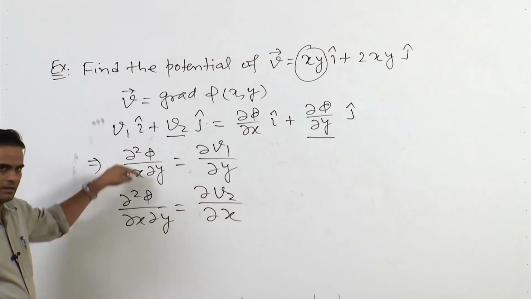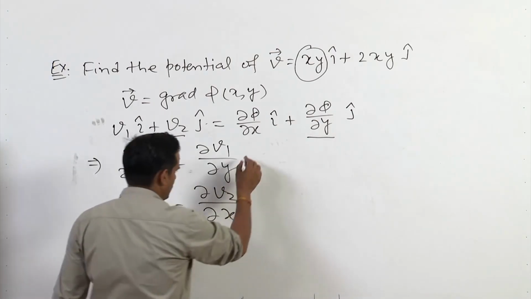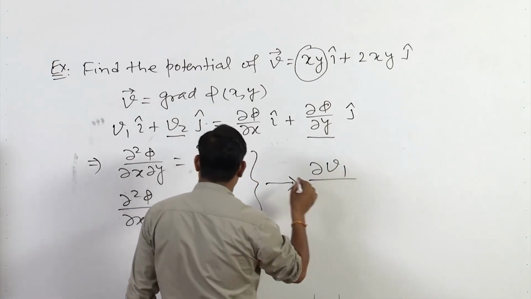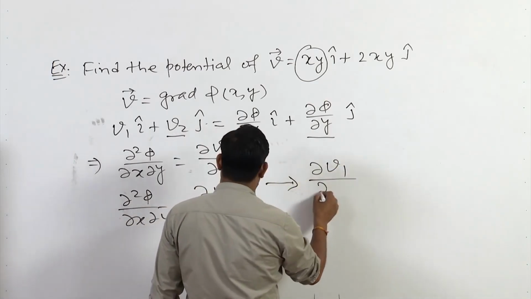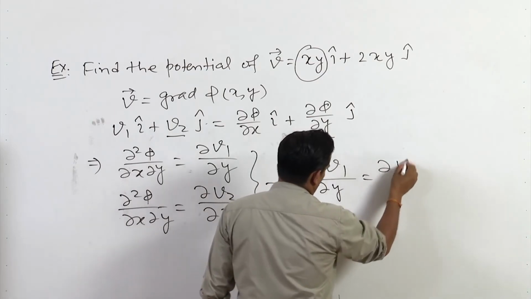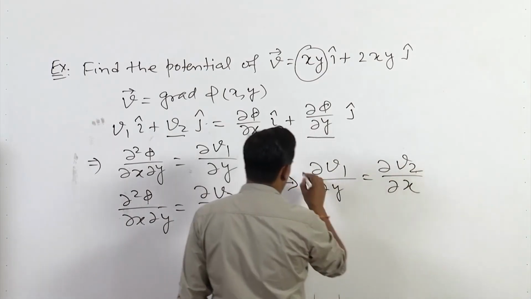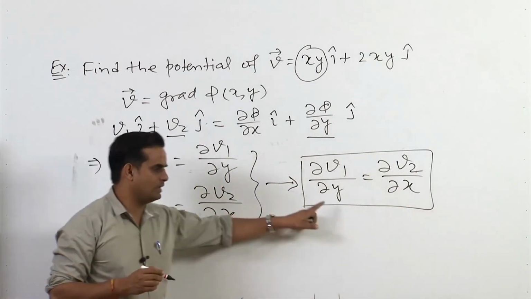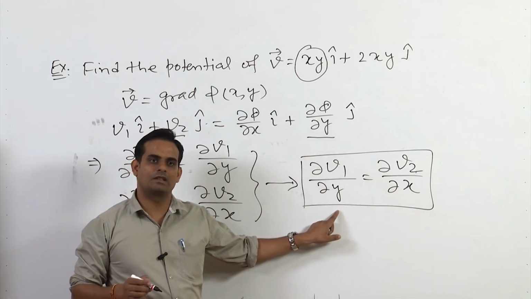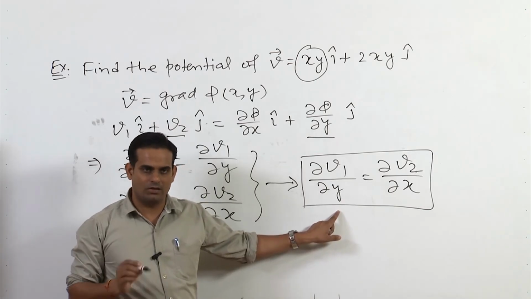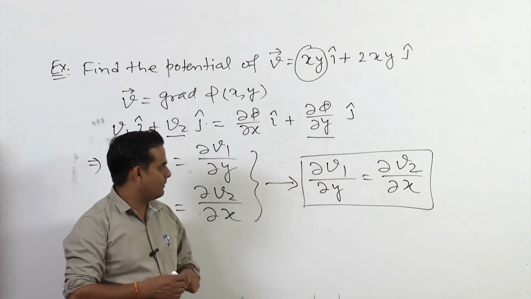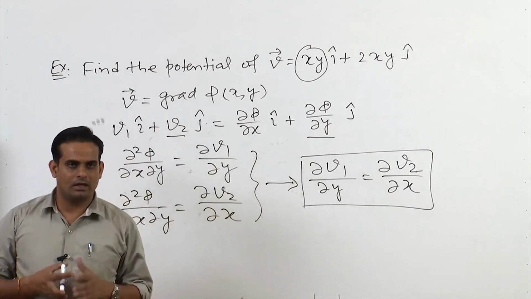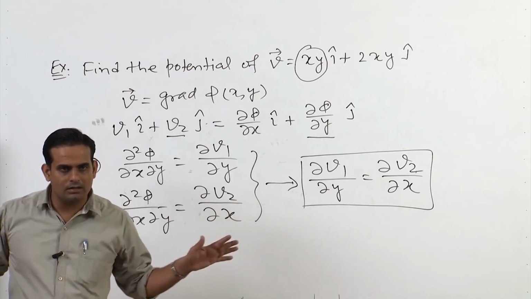So from here left hand sides are equal, so it should give us that del v1 over del y should be equal to del v2 over del x. So if this condition holds, then only potential function phi exists, otherwise not. Or in other words, if this condition holds, then the vector function is a conservative vector field, otherwise not.